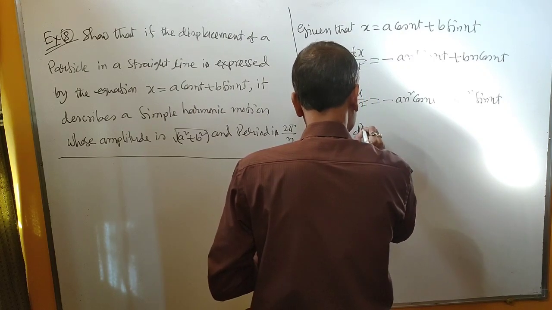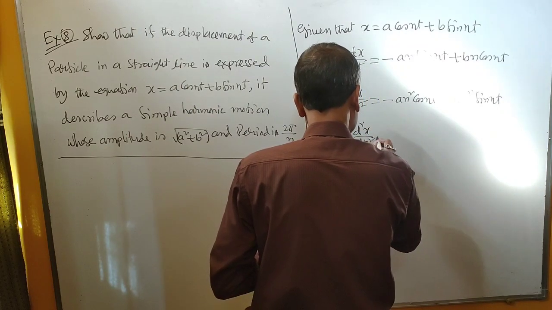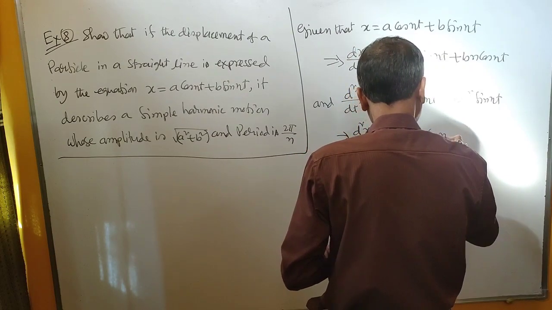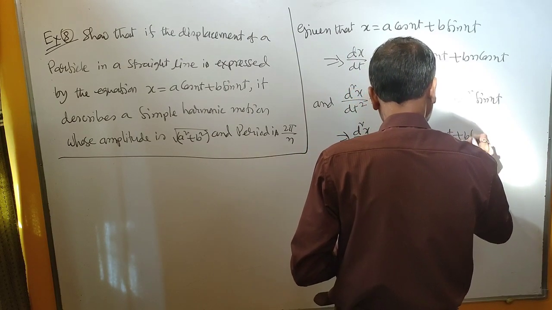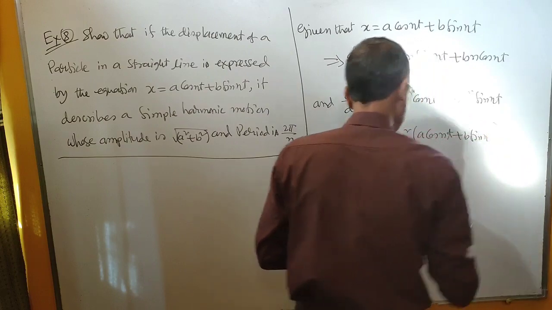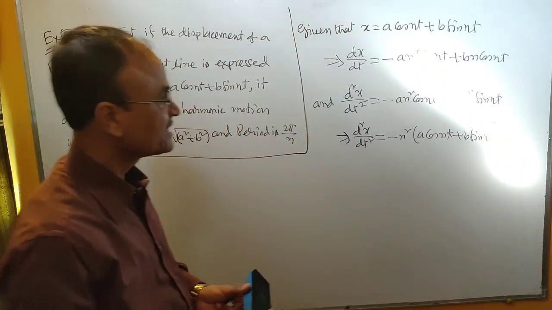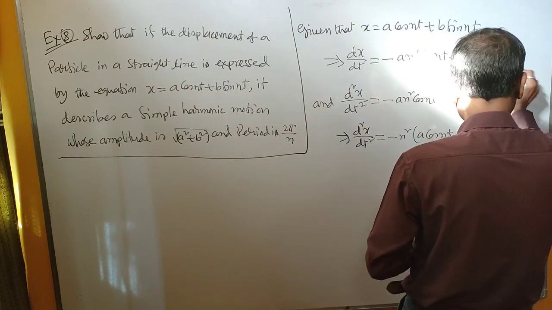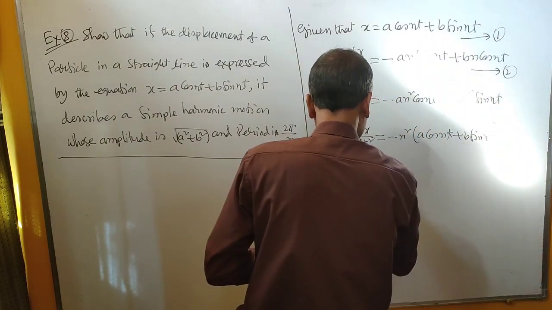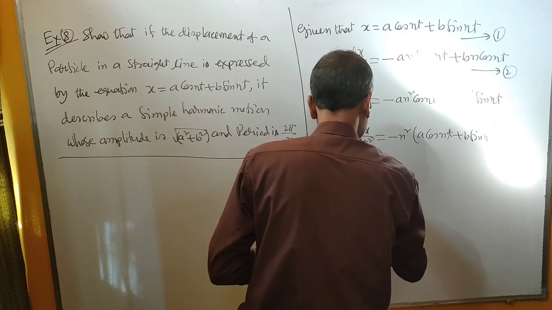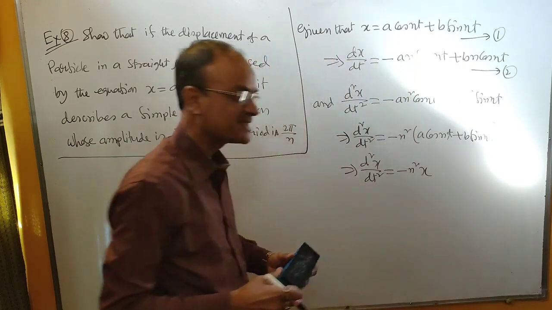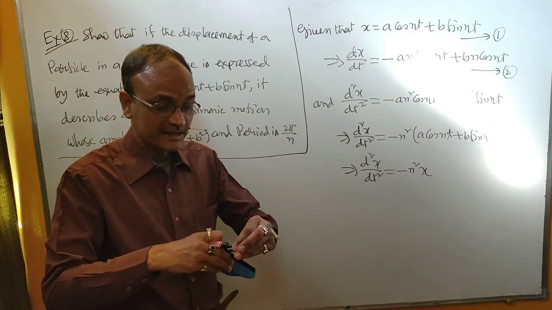This means d2x by dt square = -n square (a cos nt + b sin nt). Suppose this is number 1 and this is number 2. So d2x by dt square = -n square x.